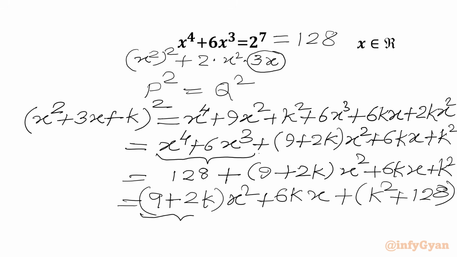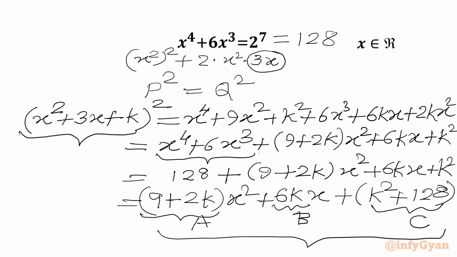If I assume this is capital A, 6k is capital B, and k square plus 128 is capital C. LHS is one perfect square. So RHS must be one perfect square. For perfect square, our discriminant must be equal to 0. We will write here b square minus 4ac should be equal to 0.